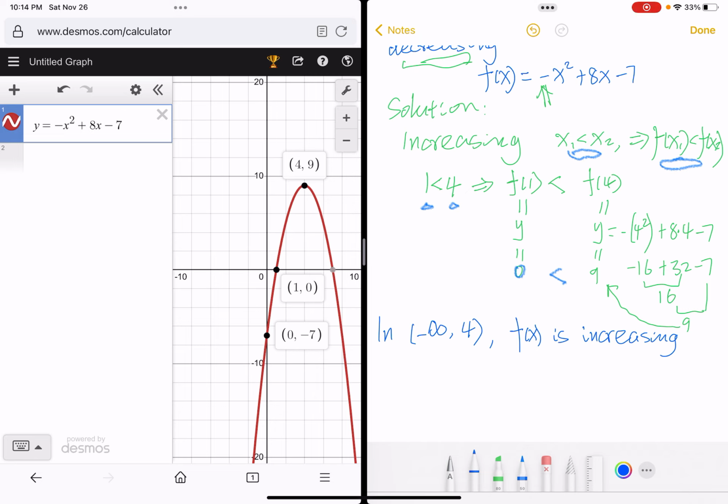Okay. Then in this interval from 4 to positive infinity, f of x goes down. So you see from here, it then goes down, falling down. Then f of x is decreasing.